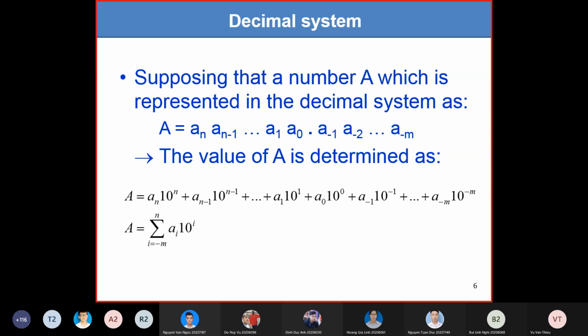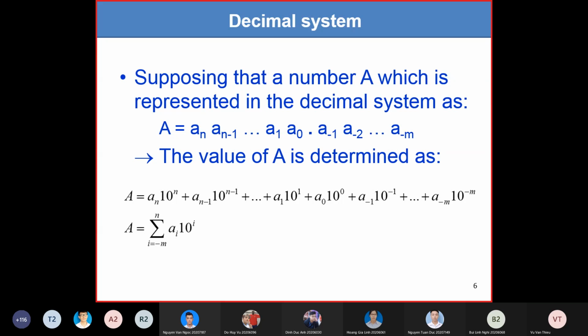If the number A is represented in the decimal system in this form, we can easily determine the value of A using this formula. a n we multiply with 10 power n, a n minus 1 we multiply with 10 power n minus 1, until a0 we multiply with 10 power 0.